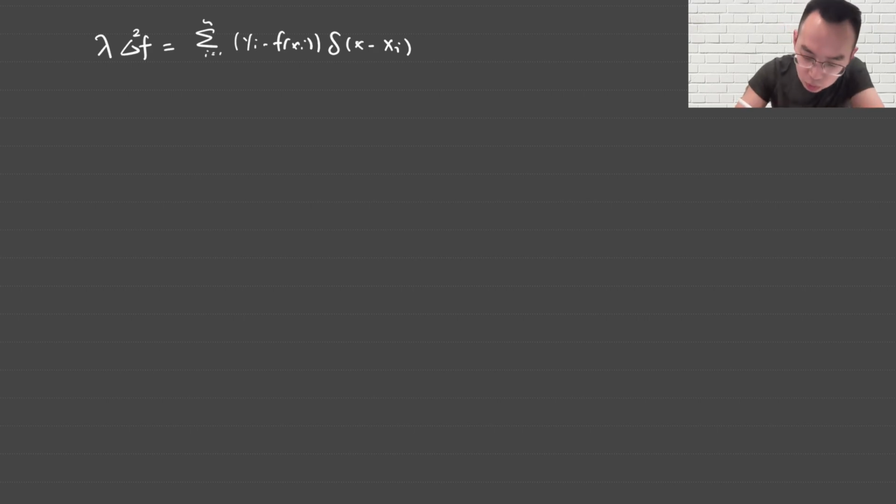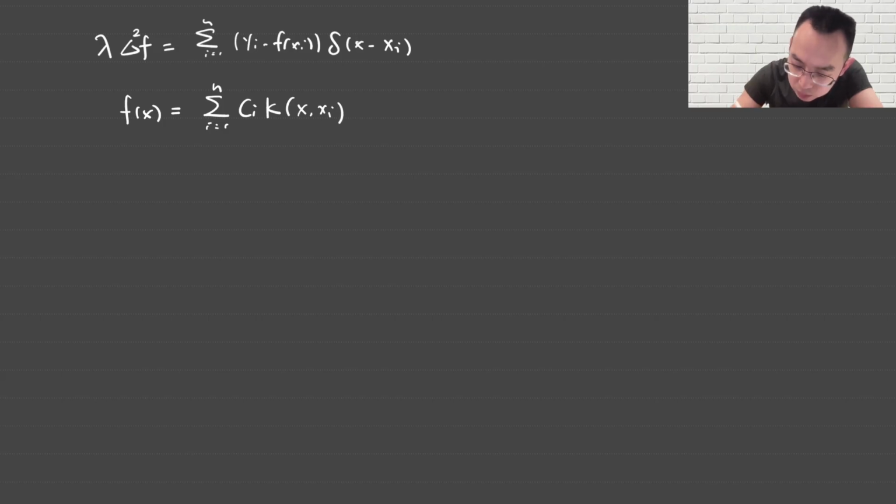Now I'm just going to write the solution of this PDE first. So that's going to be some ci kernel function plus. So that's going to be the solution to this, and the kernel is going to look like this.